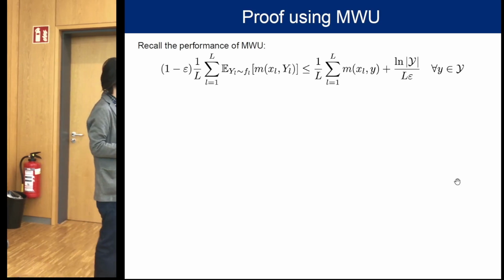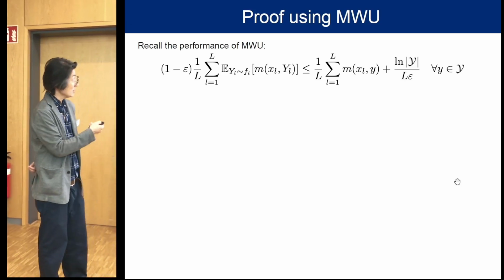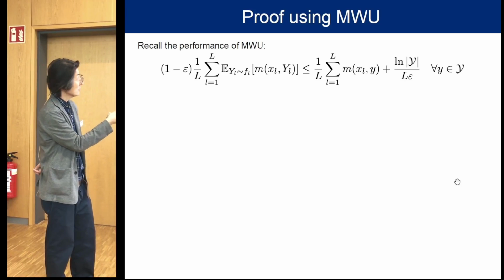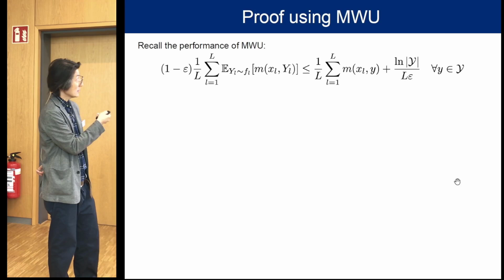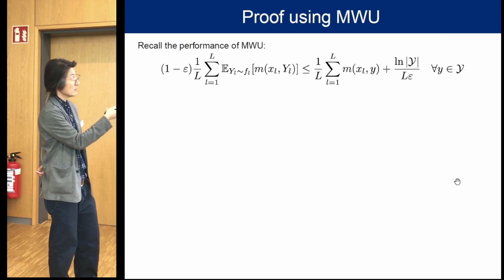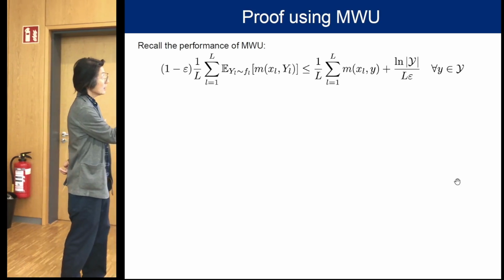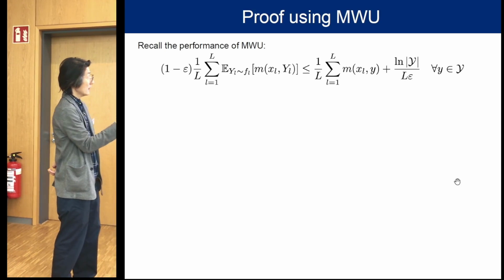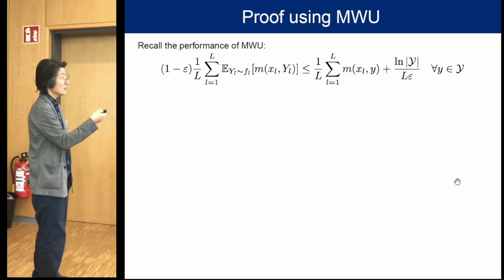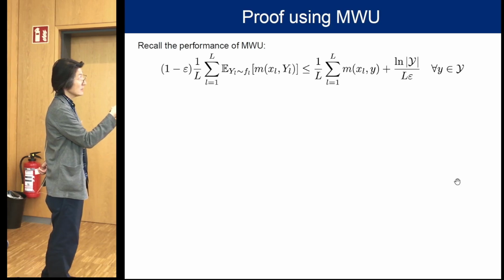Now, recall the performance of the MWU algorithm I previously showed. The left-hand side is the average cost. The right-hand side is the cost of Y player's best strategy in hindsight plus some error term. And so here, as I explained in the previous slide, X player selects XL as the argmax of this expectation.